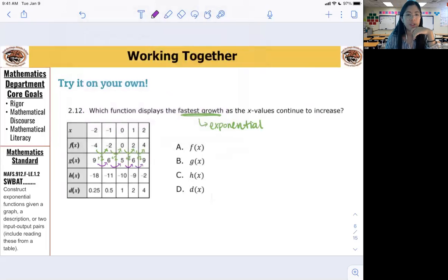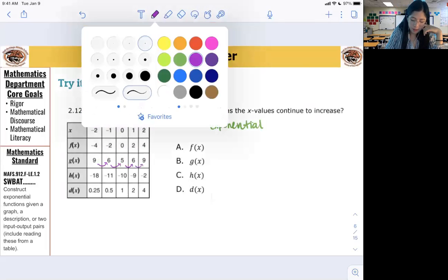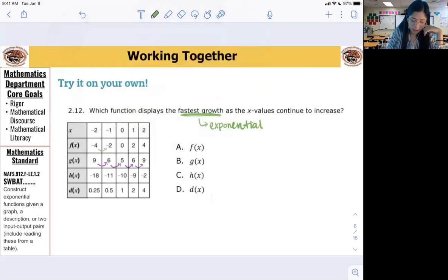All right, so for f of x we already determined it's adding by 2. Let me do that a little bit more neatly. +2, +2, +2, +2. How about g of x? What's happening here?